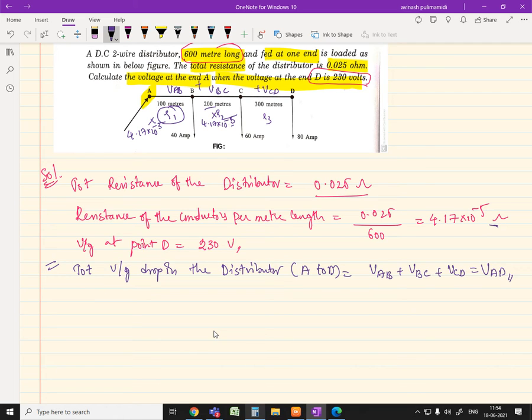The next, what is the current flowing through the different sections? What is the total current, I1, I2 and I3?